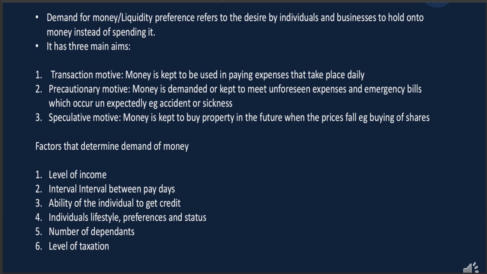The fifth one is the number of dependents. If you have a huge number of dependents, then you're likely to hold more money. Sawa, yani kuna watu wengi wa kudepend wewe tu. So individuals with more dependents are likely to hold more money than their counterparts with very small families. Sawa, so wewe uko na family kama 5 hivi ama 6, ukitumia pesa hapo kwa hapo mitihani sasa, hadi uishikilie.